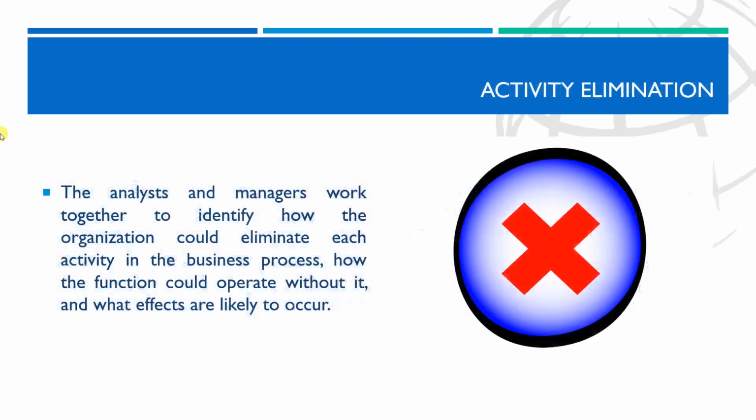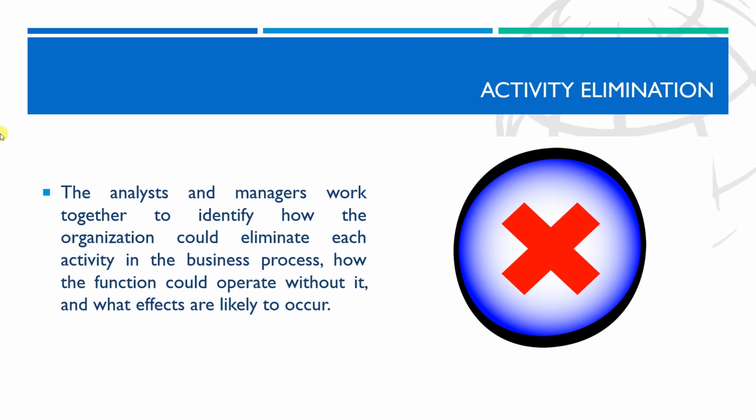And we have the activity elimination. The analysts and managers work together to identify how the organization could eliminate each activity in the business process, how the function could operate without it, and what effects are likely to occur.